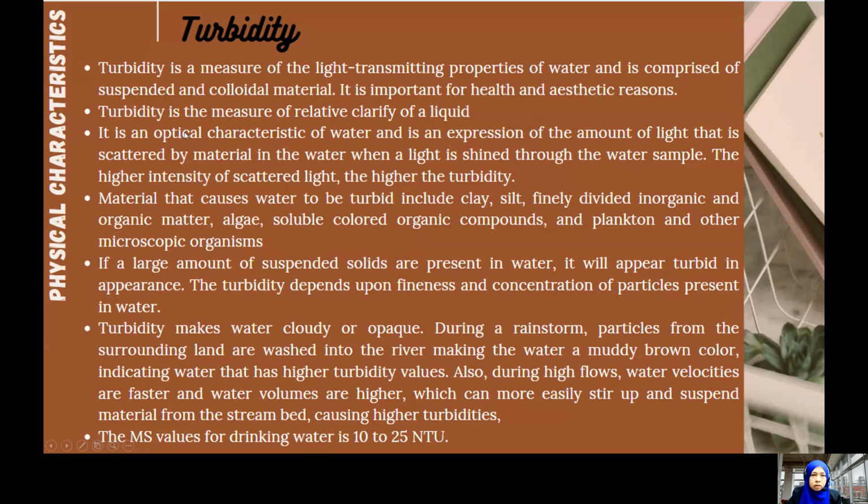Okay, what is turbidity? Turbidity is a measure of the light transmitting properties of water, and it is a comparison of suspended and colloid material. Turbidity is important for our health and aesthetic reasons. Turbidity is the measure of relative clarity of a liquid.